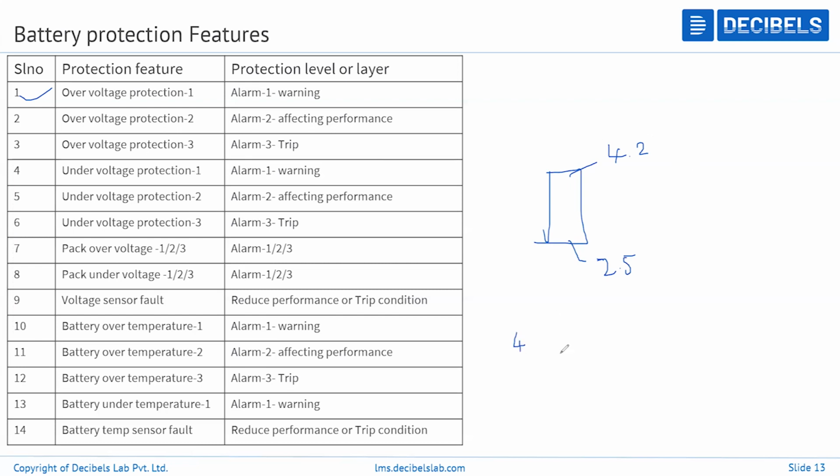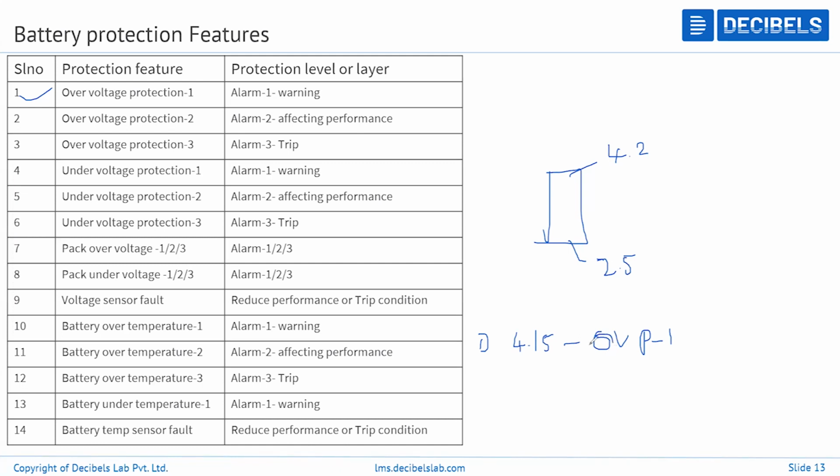Instead of 4.2, I will take 4.15. Assume that I have kept this as the over voltage protection 1 (OVP 1) value.